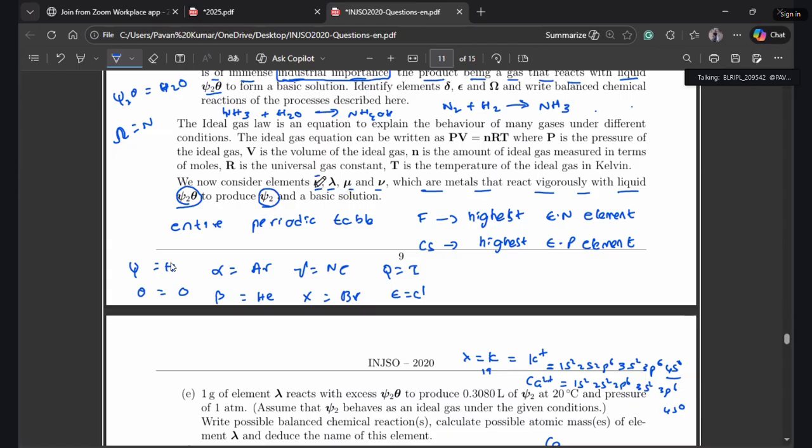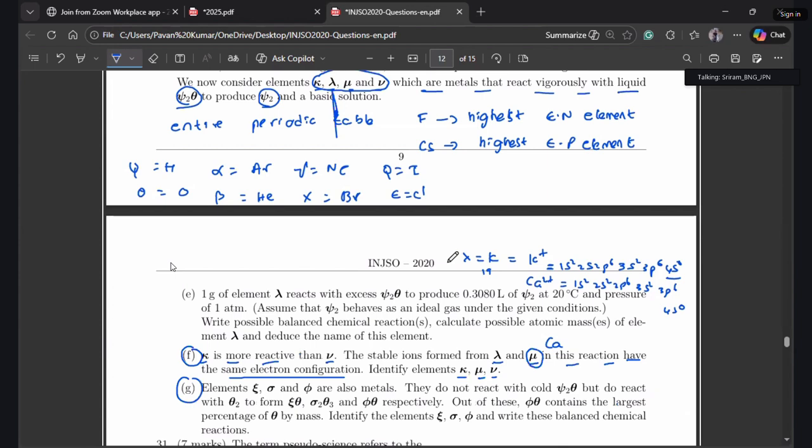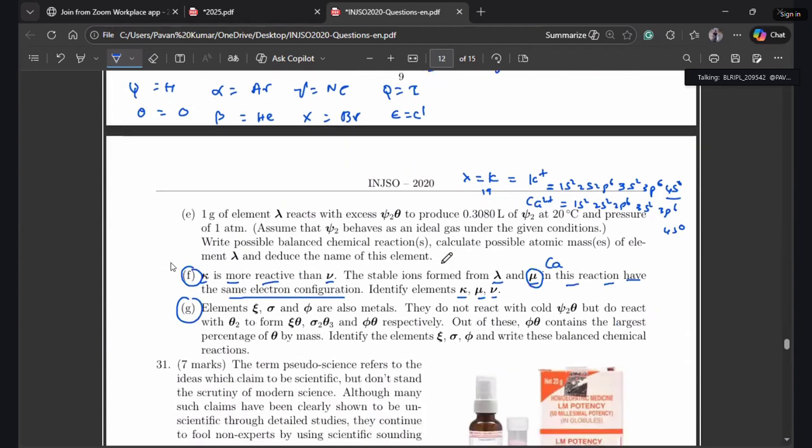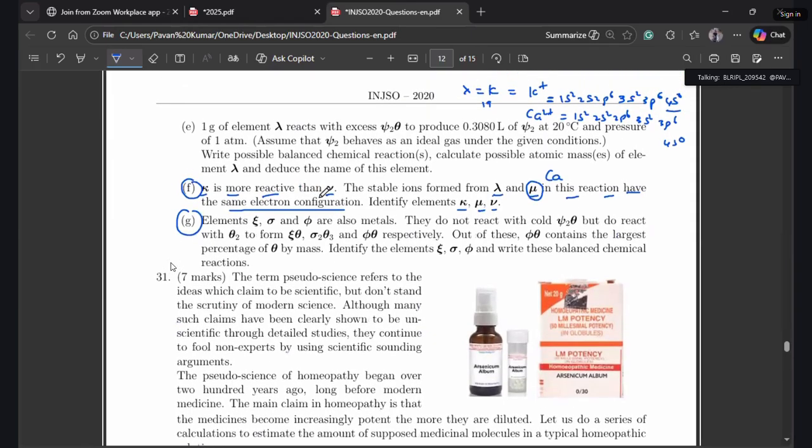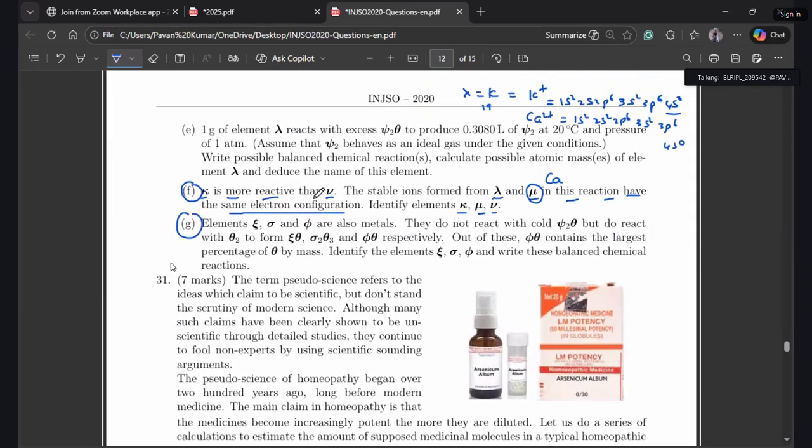That means these are all metals, because when any metal reacts with water, it produces hydrogen gas. So based on that, K is more reactive than mu. K is more reactive than mu in the sense this should be.